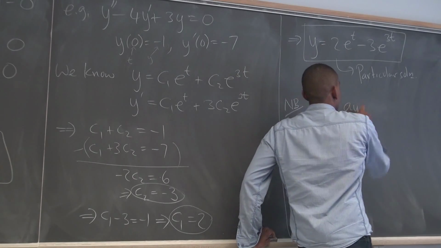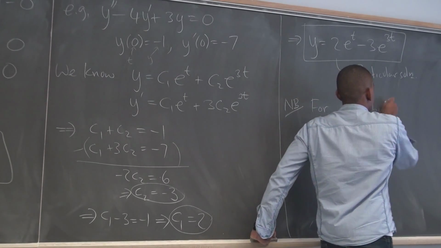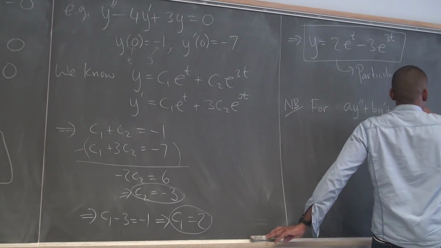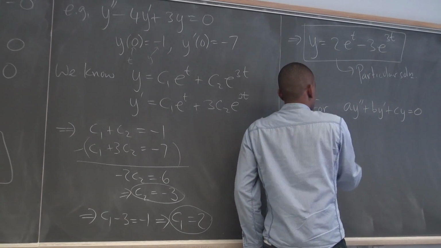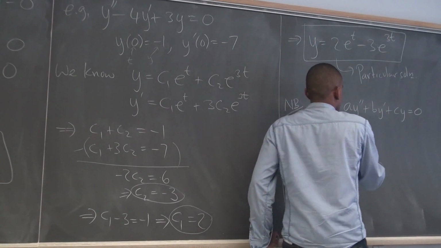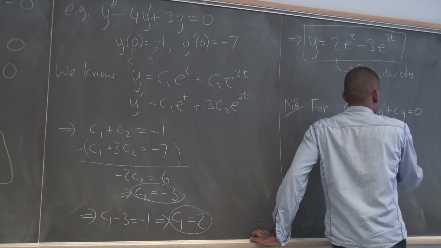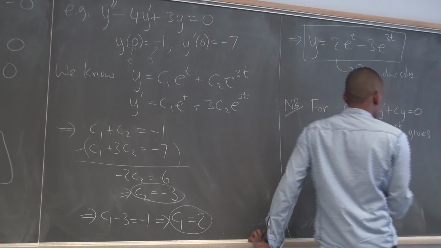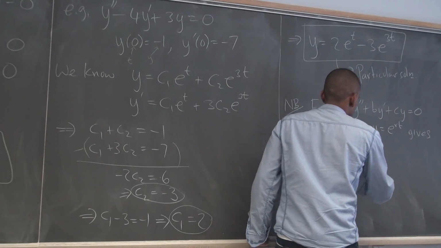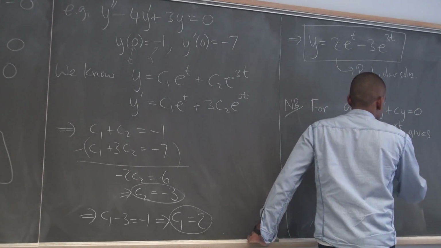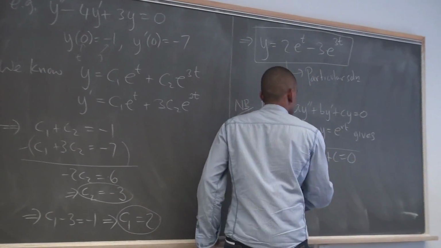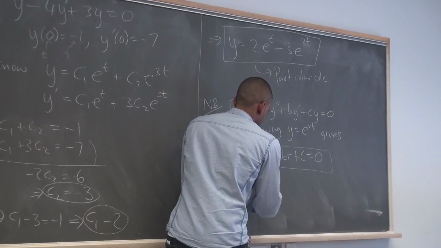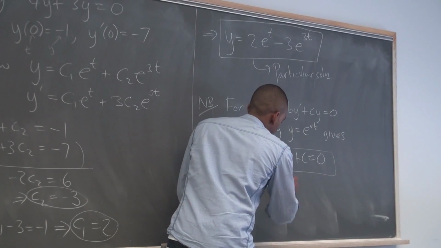If we have a y double prime plus b y prime plus c y equals 0, assuming y equals e to the rt gives ultimately a r squared plus b r plus c equals 0. This guy here is called the characteristic equation.